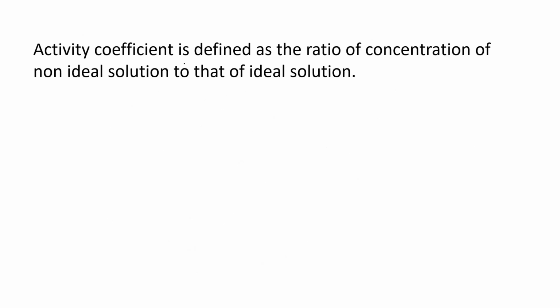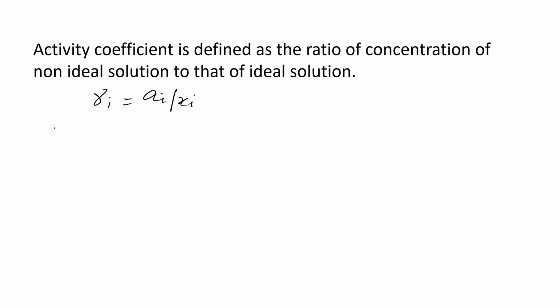Now, the activity coefficient is defined as the ratio of concentration of non-ideal solution to that of the ideal solution. Just now we have seen that this gamma i is equal to ai by xi, right?